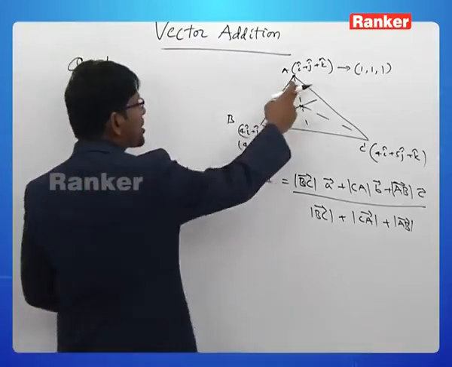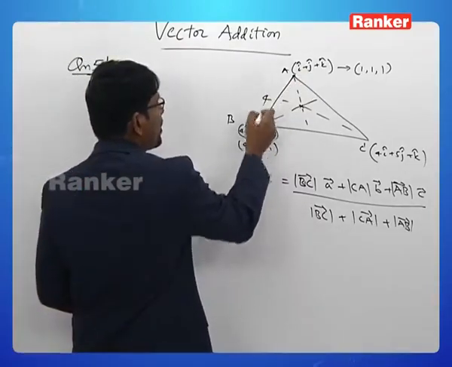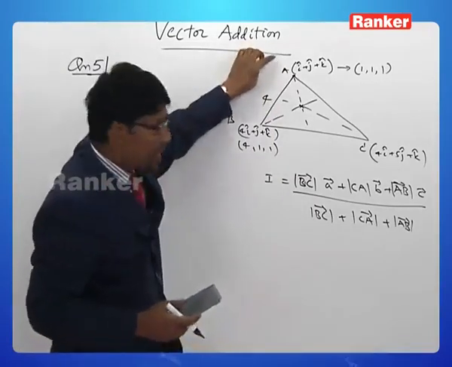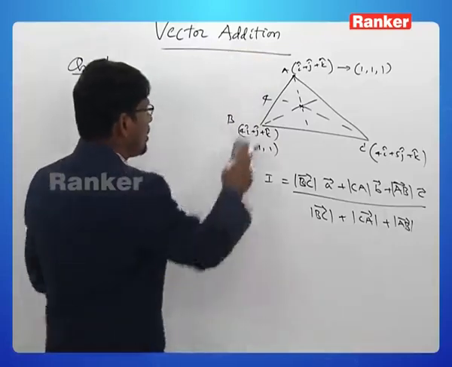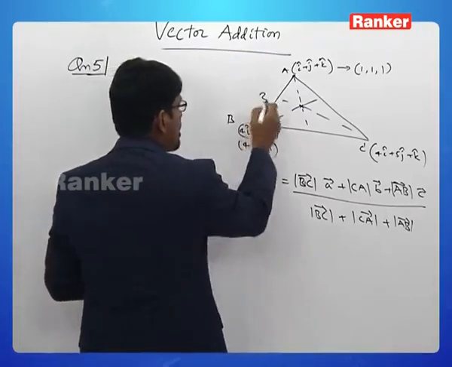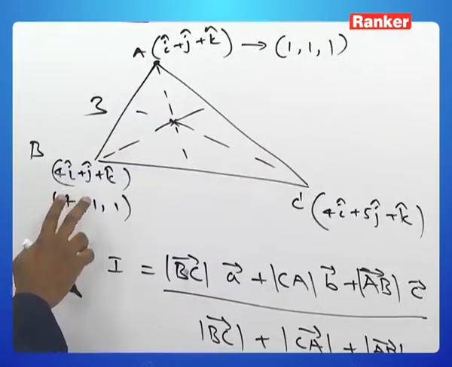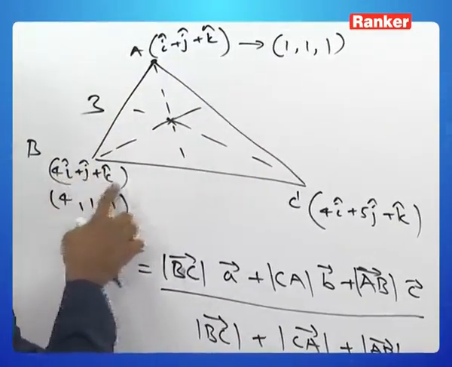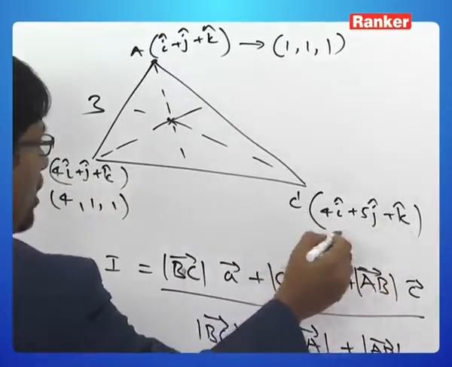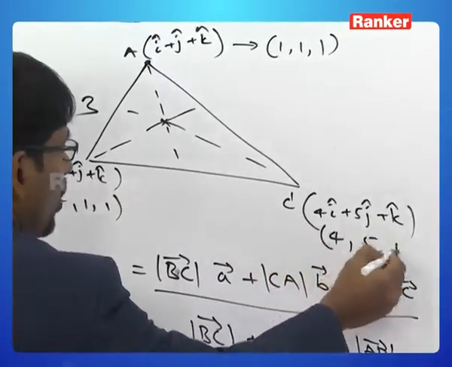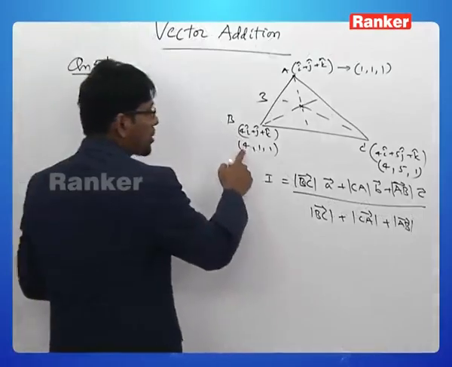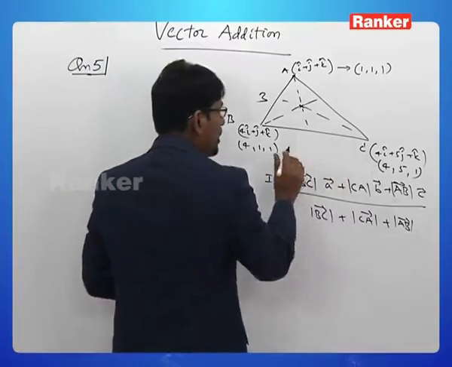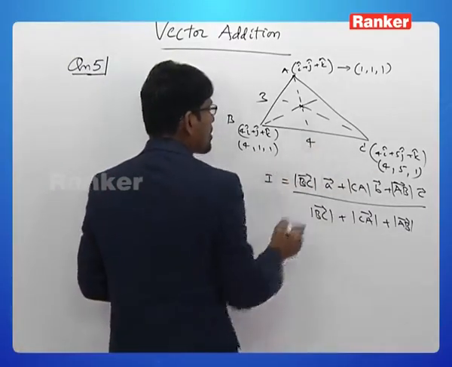Now, observe that clearly this is 4 units. They are only differing in the x coordinate, and this displacement is 3 units. And what do we observe here? 4i plus j plus k and then 4i plus 5j plus k. This is 4 comma 5 comma 1 here. So, the x component and z component are one and the same there. The difference of the y components is clearly 4 units.